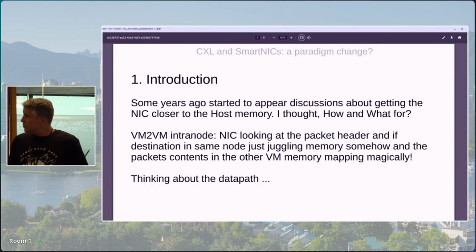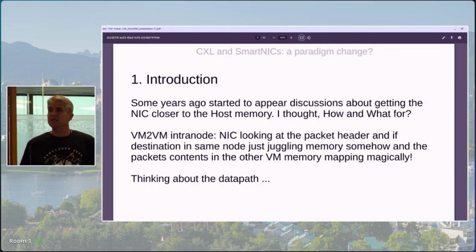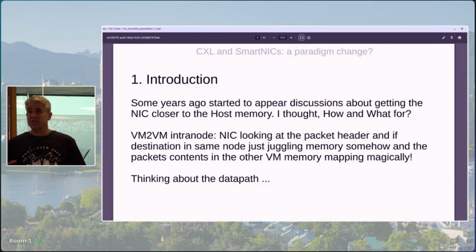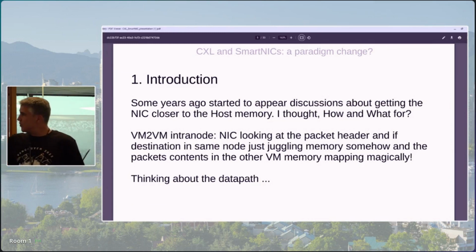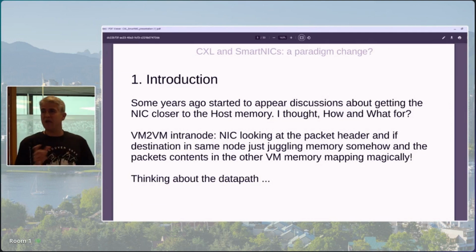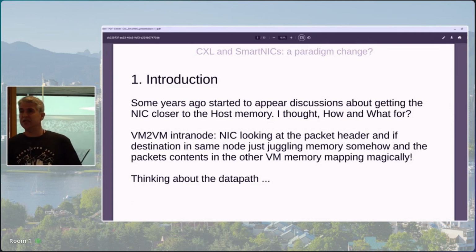So I remember working for another company then, and talking with the main hardware architect there. And he got one of those machine prototypes for this. At one point, I was thinking, okay, how can we improve the VM-to-VM intranode communication with the SmartNIC?